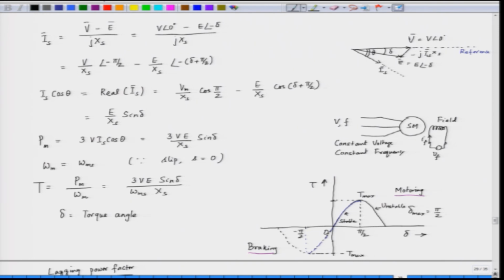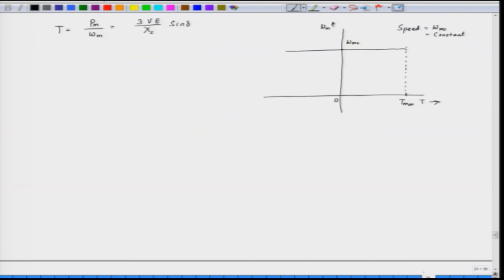So, for delta plus pi by 2 we operate at plus T maximum and for delta minus pi by 2 we operate at minus T maximum. So, we have the range of operation between T maximum and minus T maximum.